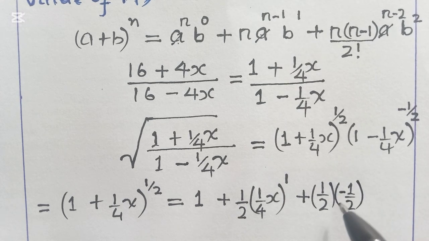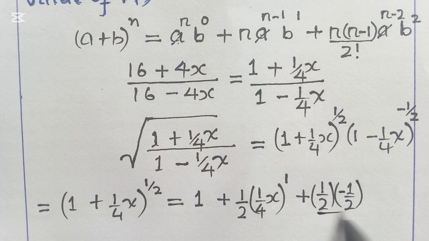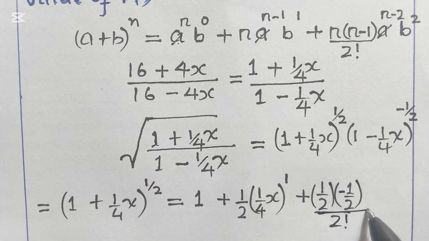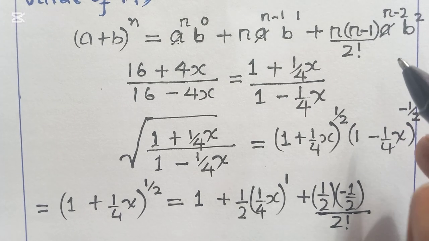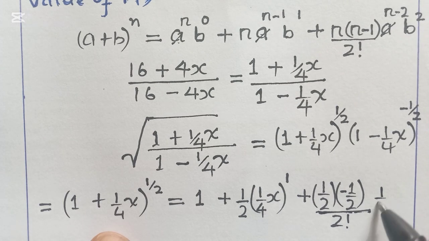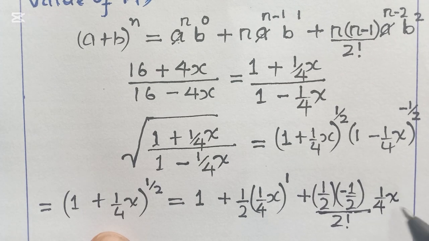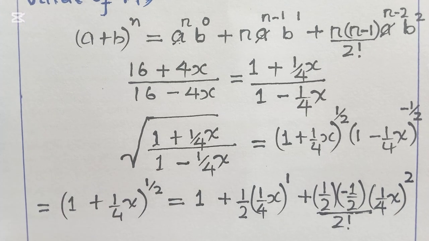When we take away 1 from a half, we get negative a half. All over now 2 factorial. And then we have the b squared. And the b squared here is a quarter, that is 1 quarter x squared. So guys, that is what we have.